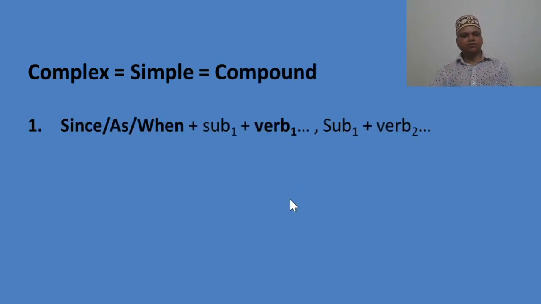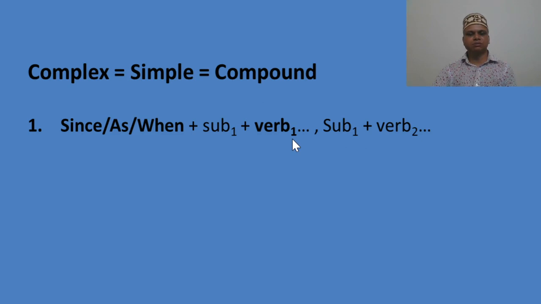Now transformation of complex to simple to compound sentence. Look at the first rule. It is a complex sentence because it contains since, as, when. If a complex sentence begins with since, as, when and the subject of both clauses is the same, look at subject 1.